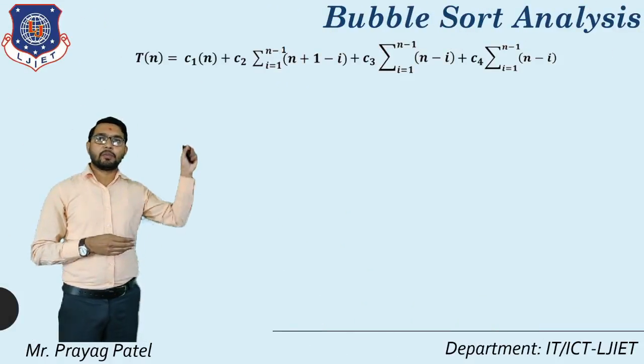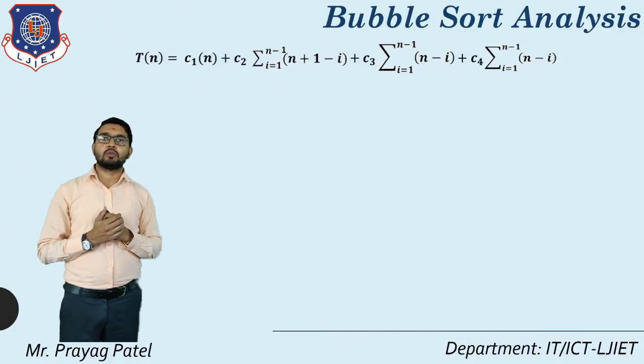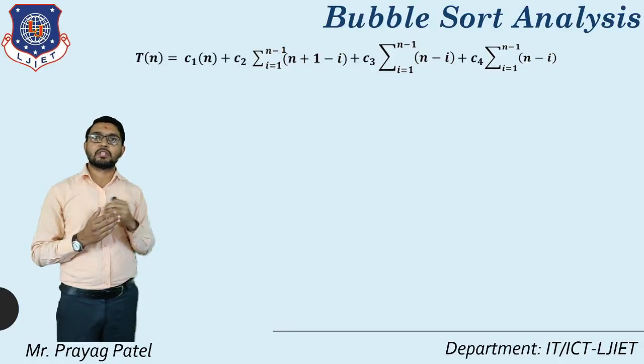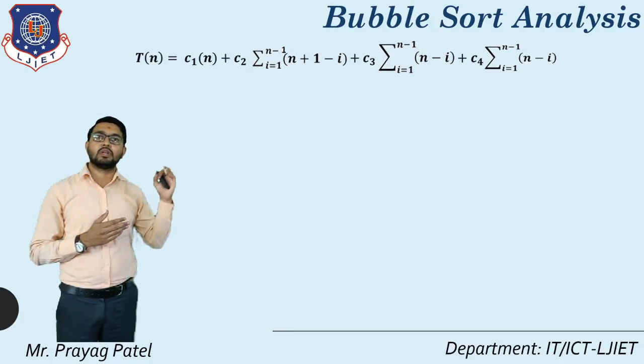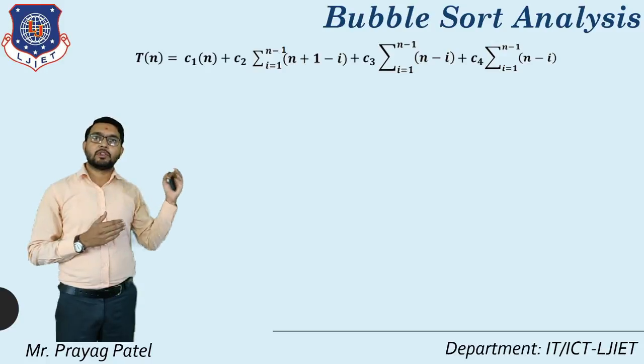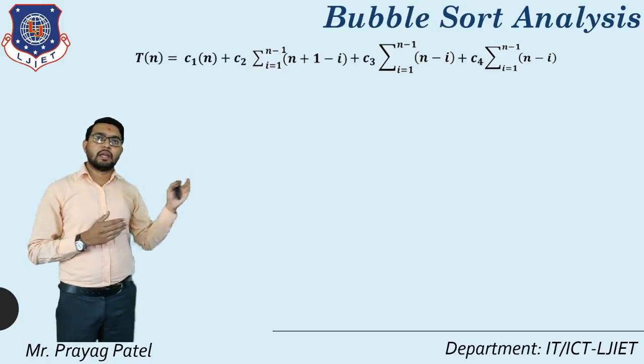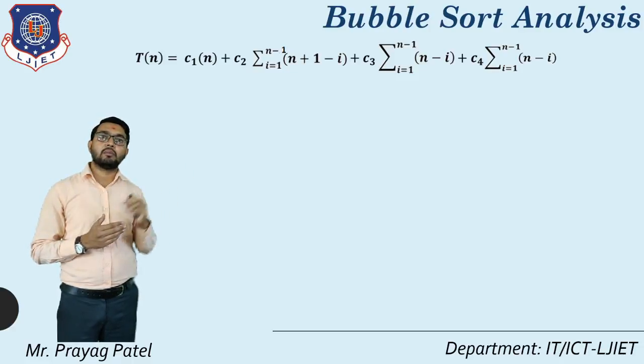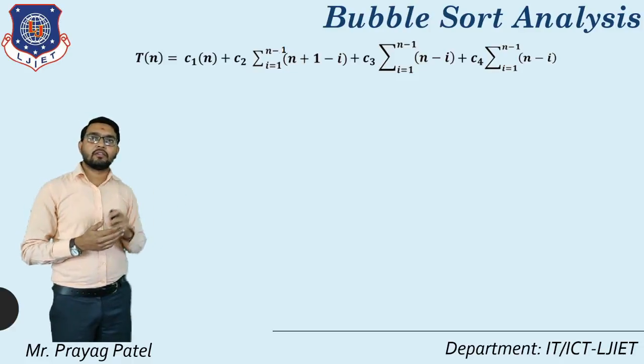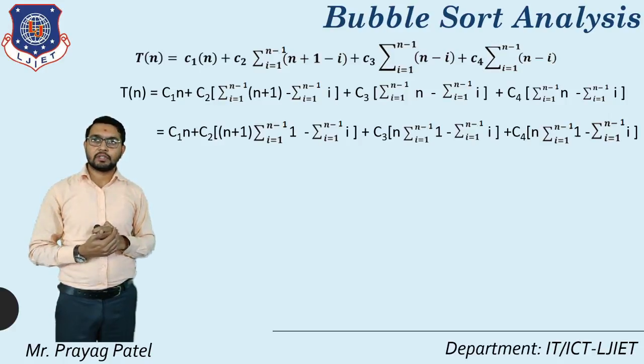Now consider our previous equation as T of n equal to C1 n plus C2 sigma i equal to 1 to n minus 1 of n plus 1 minus i, plus C3 sigma i equal to 1 to n minus 1 of n minus i, plus C4 sigma i equal to 1 to n minus 1 of n minus i. Now solve this equation according to our previous equations.